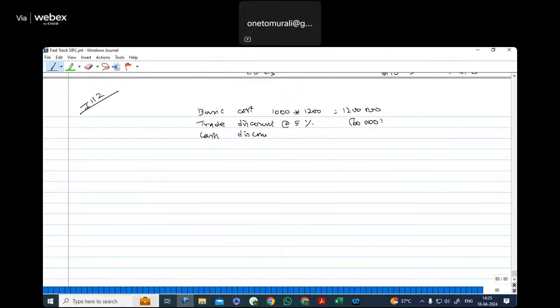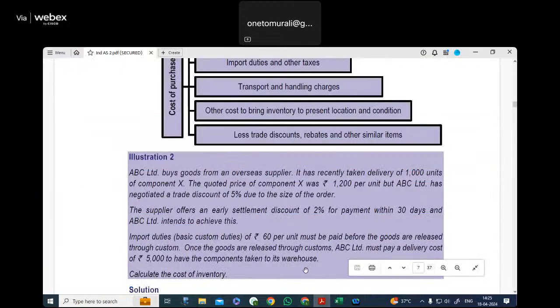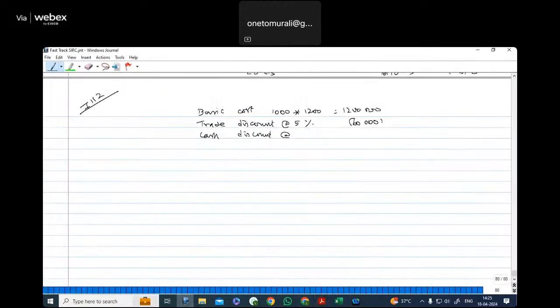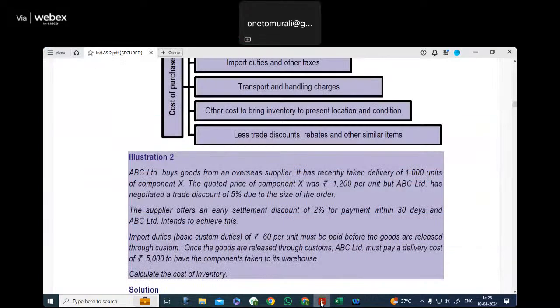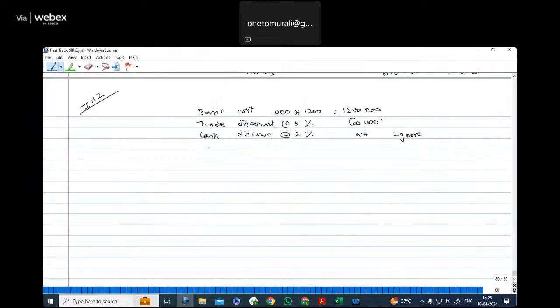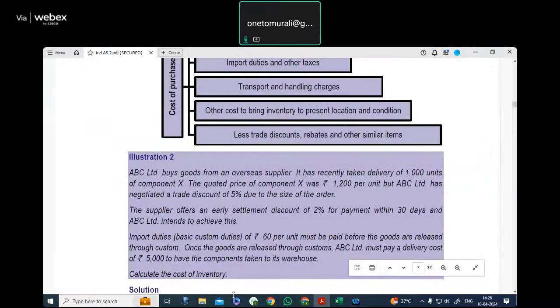Cash discount at the rate of 2%: not applicable, ignore. Then customs duty of 60, 60,000 to be added. Delivery cost of 5,000.